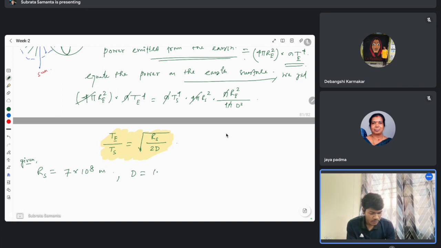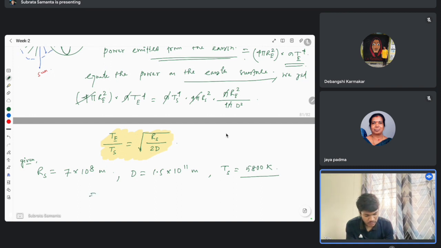It's 1.5 times 10 to the power 11 meter. And T sun, let's say 5800 Kelvin. So you can easily calculate once this data is given. You can calculate T earth, the Earth temperature.